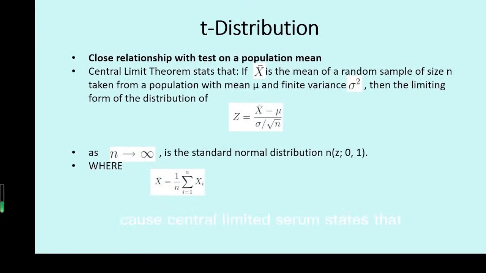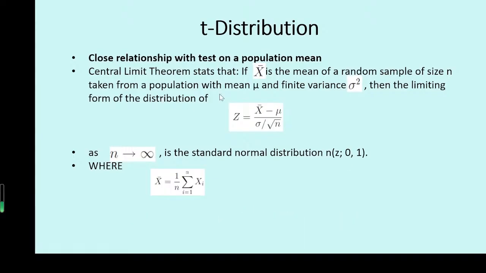The central limit theorem states that if x bar is the mean of a random sample of size n taken from a population with mean mu and finite variance sigma squared, then the limiting form of the distribution of x bar minus the population mean mu, which we want to estimate, divided by sigma over the square root of the sample size, is the standard normal distribution with mean 0 and standard deviation 1.